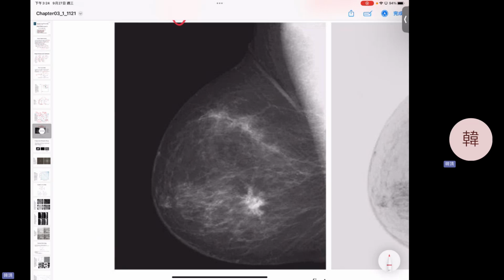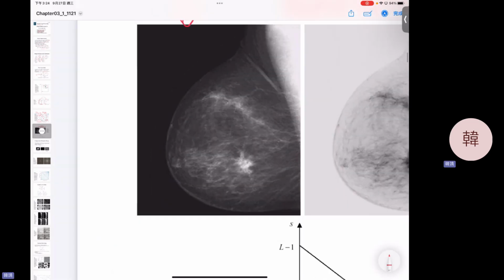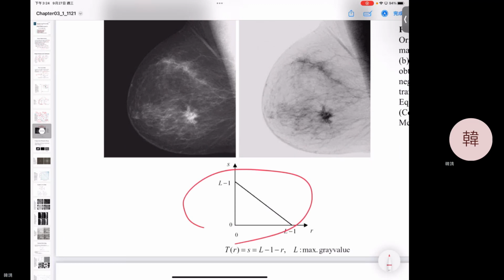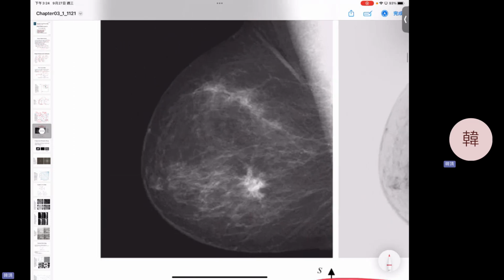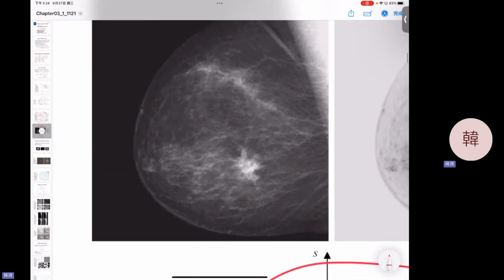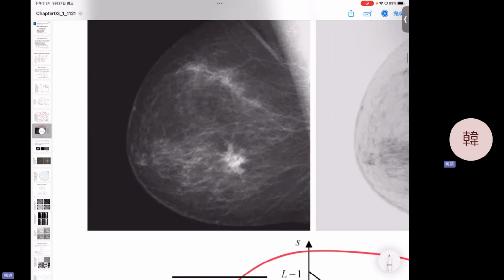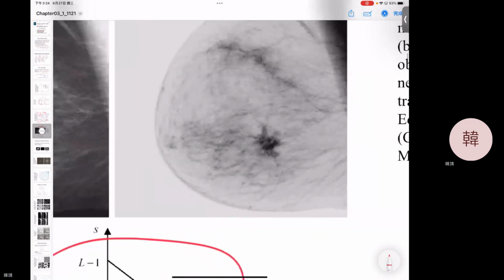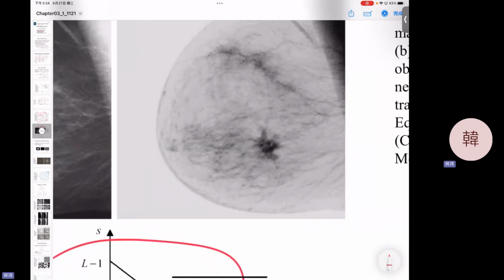But if you want to look at the detail of this image, you can immediately use this linear transform. It looks like a black negative film, right? You use a linear transform to change the background from black to white, and you can see all the detail clearly in this film.